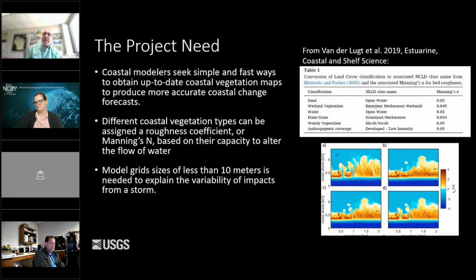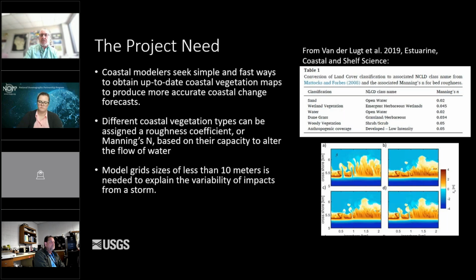So again, the project need goes right back to the importance of this Manning's N factor for roughness and friction for the flow models, and how the different vegetation classes have different roughness factors associated with them. So how do you update these models? Because the vegetation data itself doesn't get updated all that frequently, nominally on a 5-year cycle.